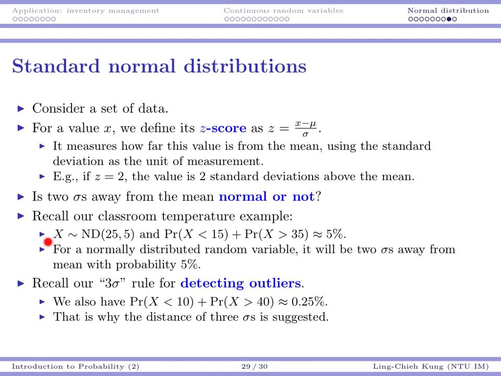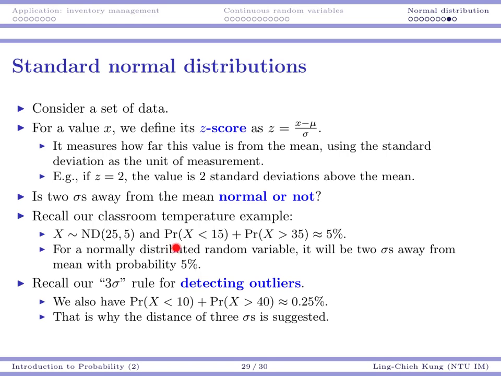We know our x is a normally distributed random variable with mean 25 and standard deviation 5. And we calculated this probability: the probability for x to be less than 15 or greater than 35. You can see immediately that 15 is 25 minus 10, and 10 is 2 standard deviations. 35 is 25 plus 10, and 10 is 2 standard deviations.